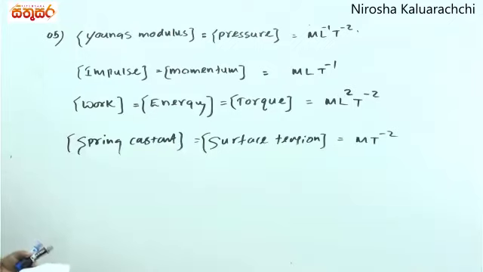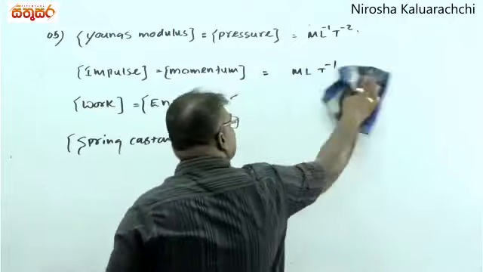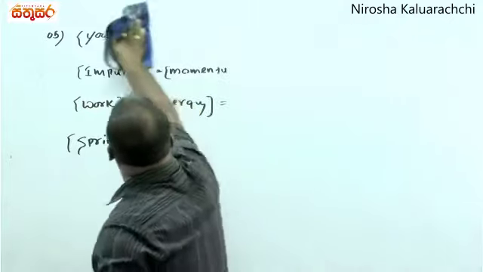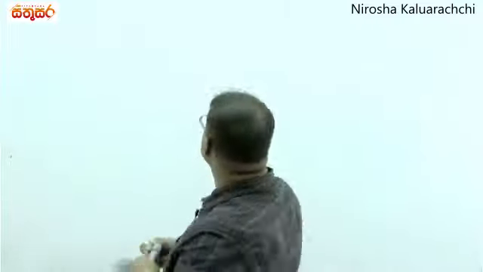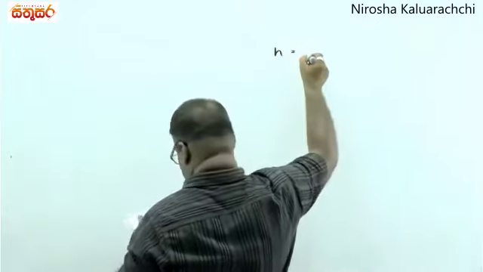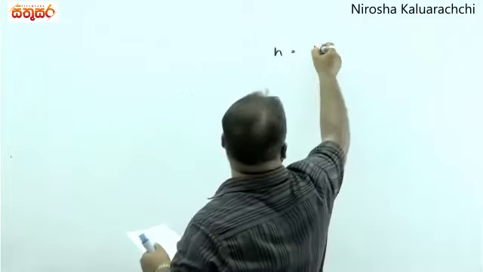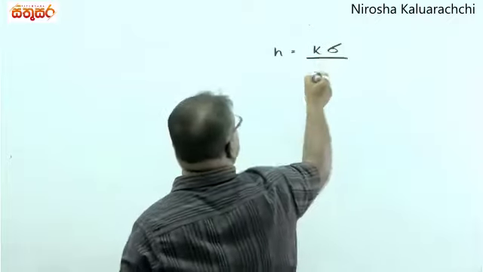K is a dimensionless constant. Right. Can we check now? H equals K sigma over r rho g.